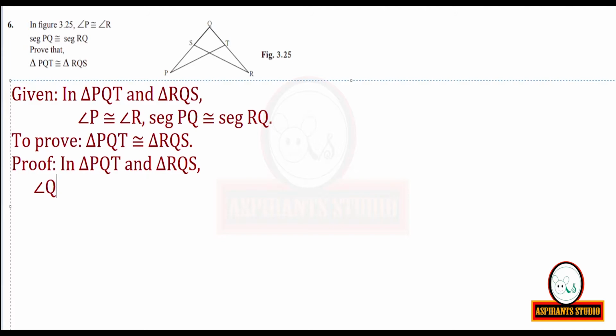In the question, angle P is congruent to angle R. So, in three letter names, angle P can be written as angle QPT is congruent to angle R, means angle QRS. That is given. Segment PQ is congruent to segment RQ is given.